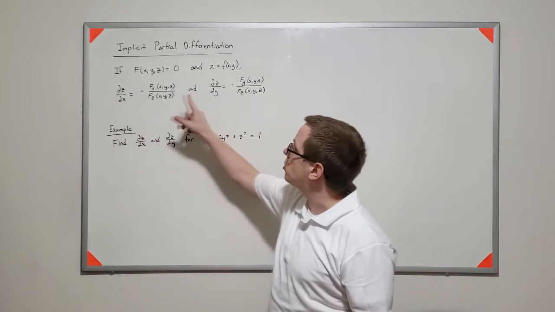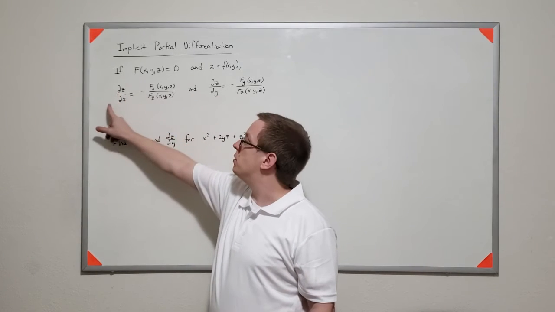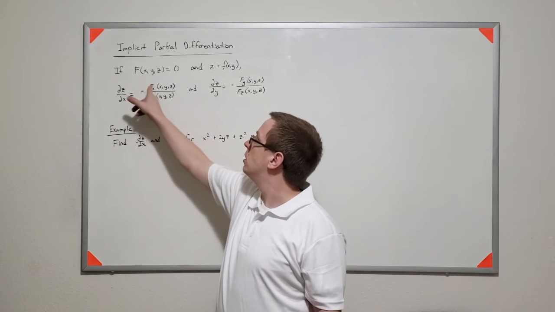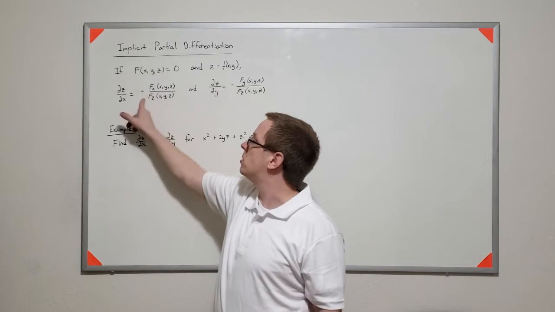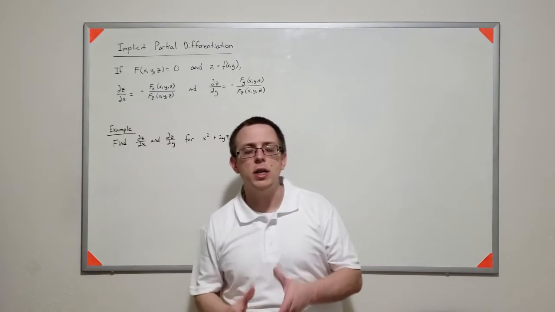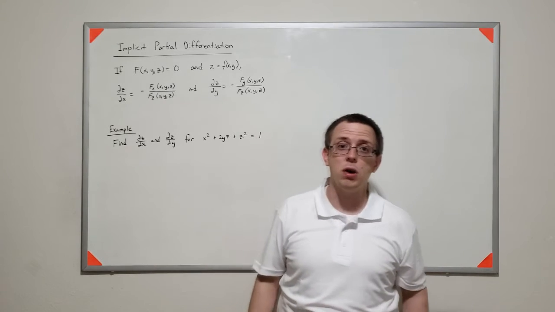I can find those partials by saying, all right, partial of z with respect to x is the partial of this function in x divided by the partial of this function in z, with a negative attached. So let's go ahead and do an example and just show the process, the algorithm.